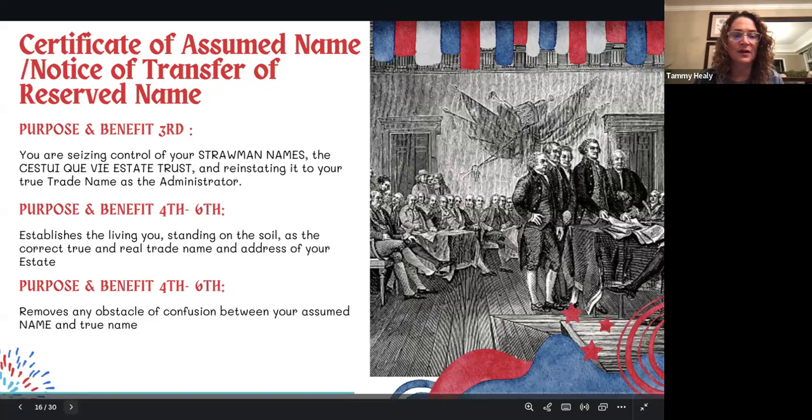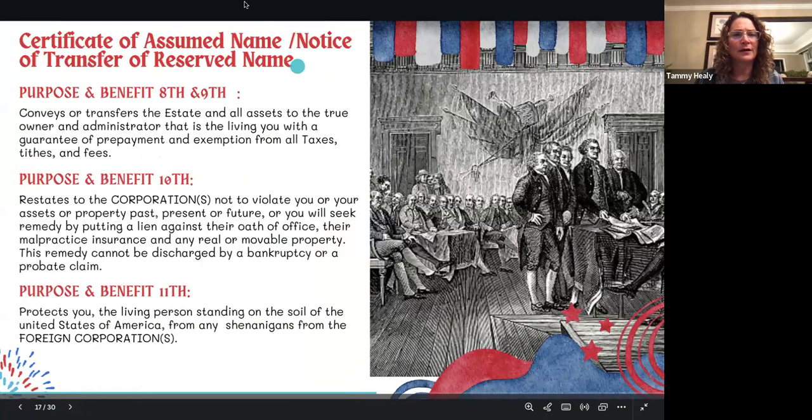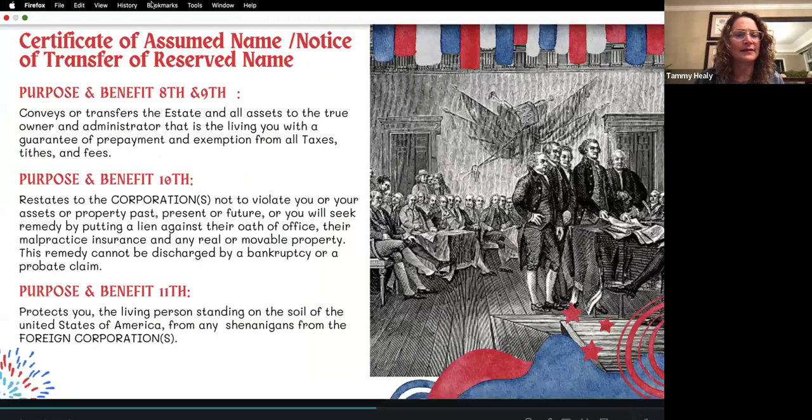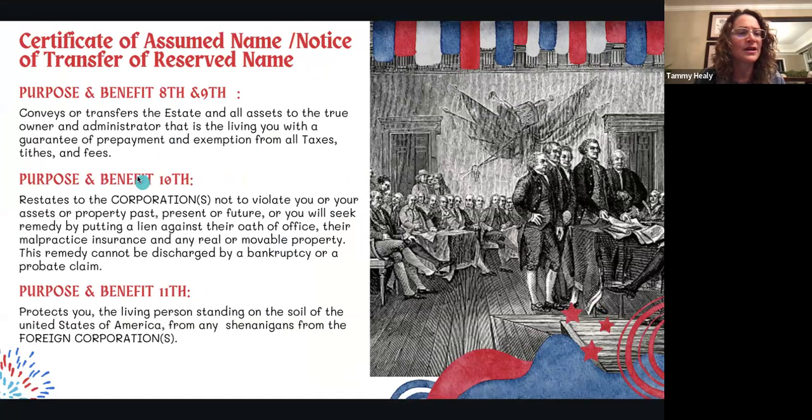The purpose and benefit of the, actually, that was supposed to say, I think, 7th and 8th. It removes any obstacle of confusion between your assumed name and your true name.